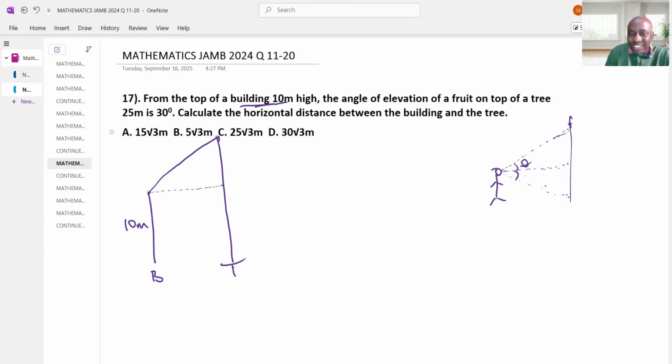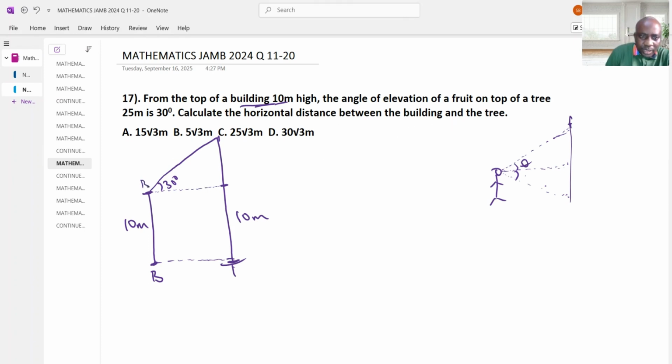Looking upward to that tree is 30 degrees. Let me close up the ground floor here. And from here to here, it's 10 meter. It's the same thing as from here to here, which is 10 meter. Now the question says calculate the horizontal distance between the building and the tree.